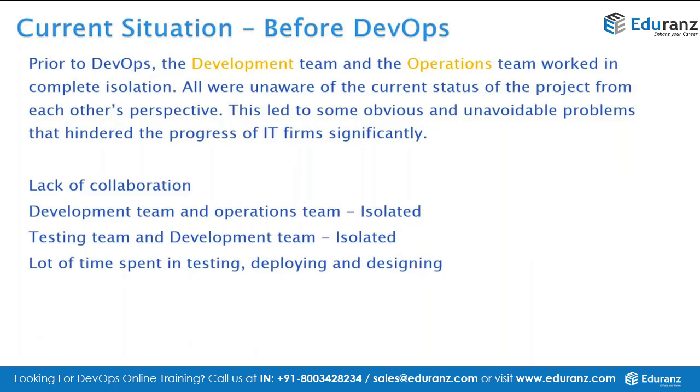A lot of time is spent in testing, deploying, and designing, which is a huge time waste that can be completely automated. This is something people should consider, so that we have enough time for other activities. Manual code deployment will always lead to risky deployment. Why? Because if a human is involved, and I ask him to open an XML file and change some properties, then copy a couple of files, deploy some Java code, and restart a service, he may mistakenly forget to perform one action, which ultimately leads to a wrong deployment.